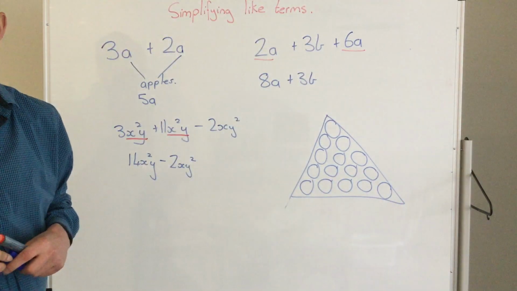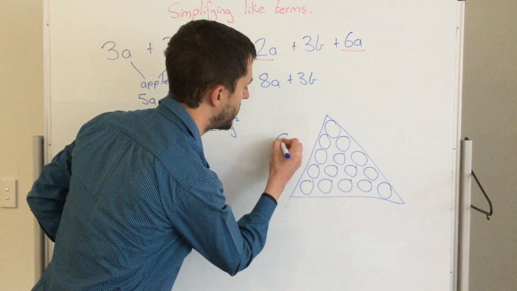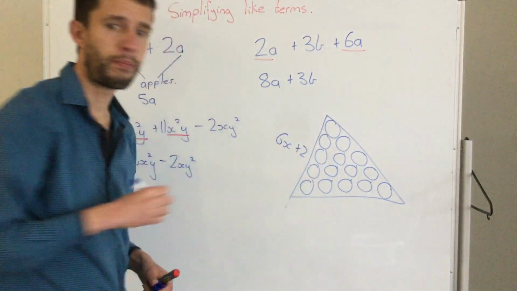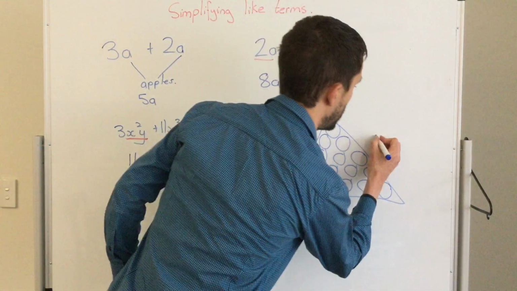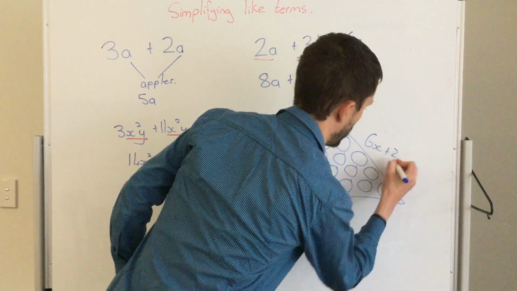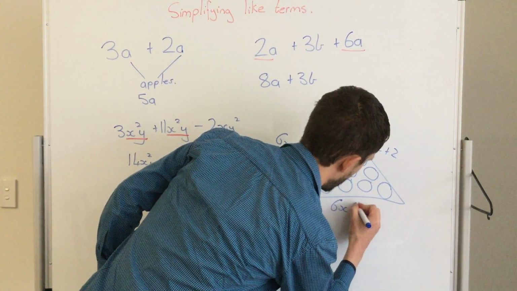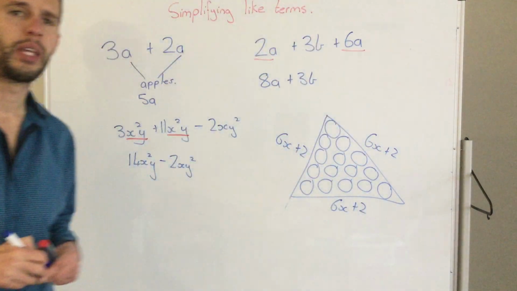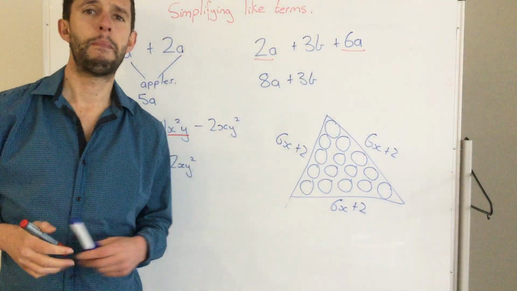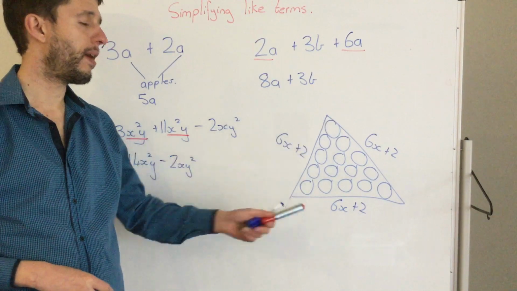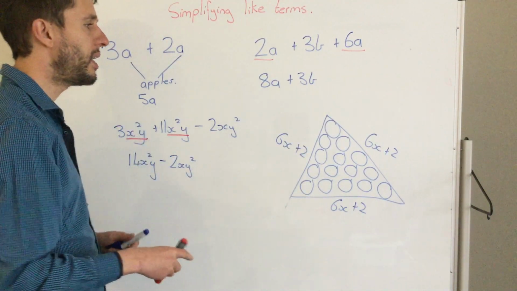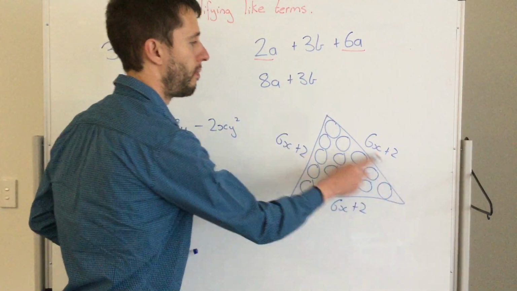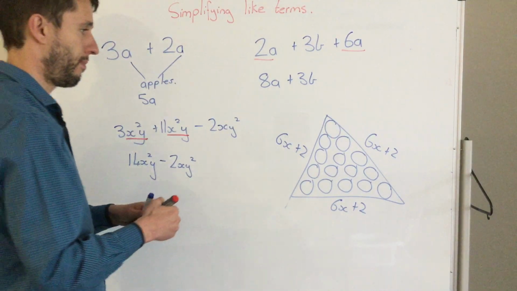Now, I'm going to be looking at my side. So this is 6x plus 2, 6x plus 2 and 6x plus 2. If I want to find out my perimeter of this triangle, I need to add my 3 sides together.